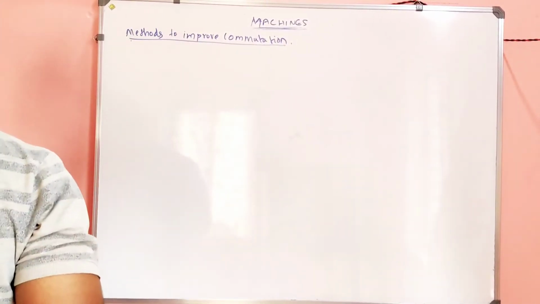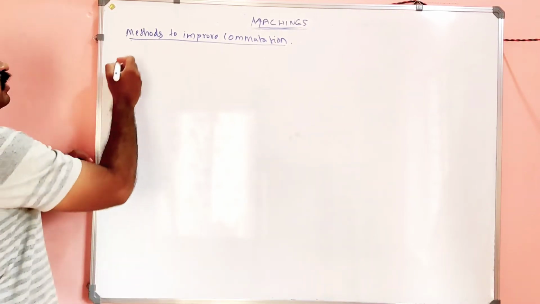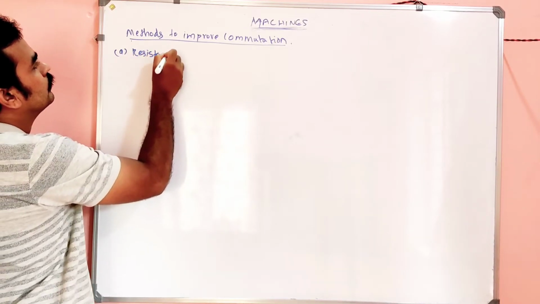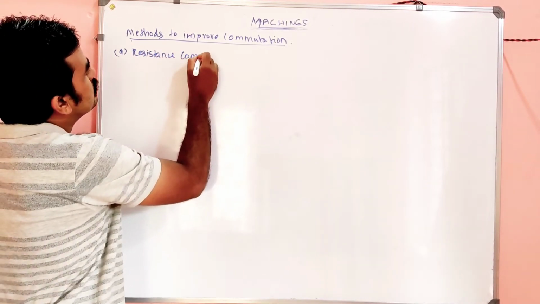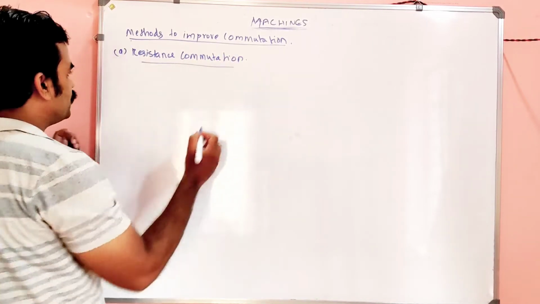Methods to improve commutation. The first method is the resistance method, or resistance commutation. Draw this figure.